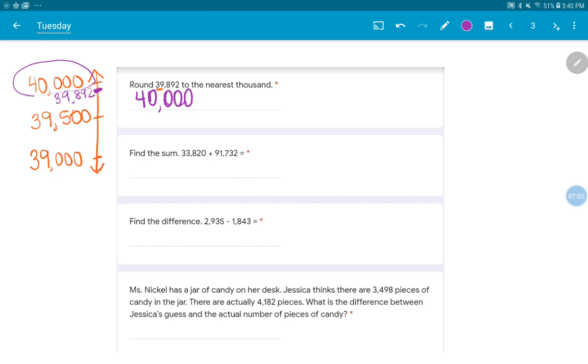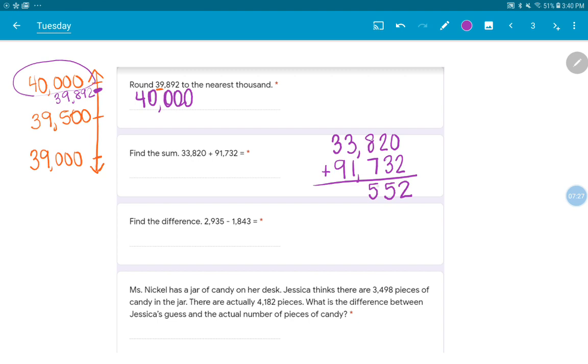Next, we need to find the sum of 33,820 plus 91,732. 0 plus 2 is 2. 2 plus 3 is 5. 8 plus 7 is 15.